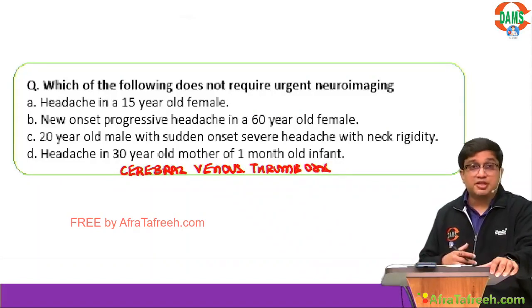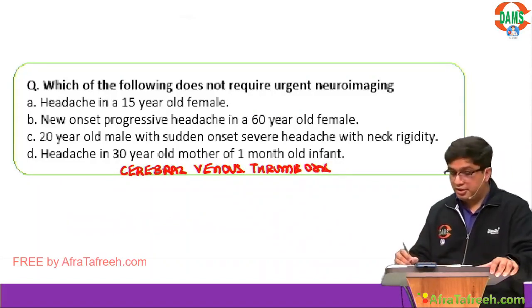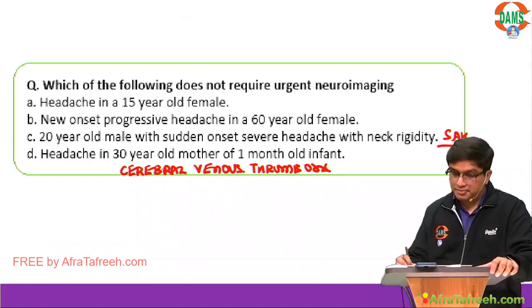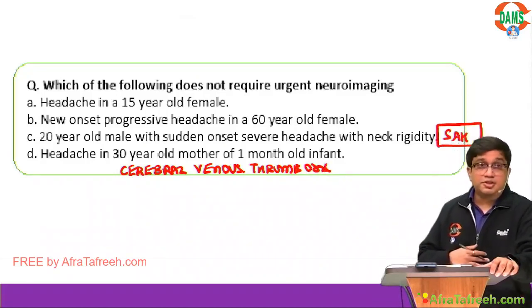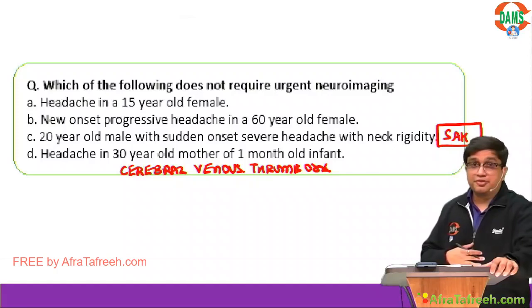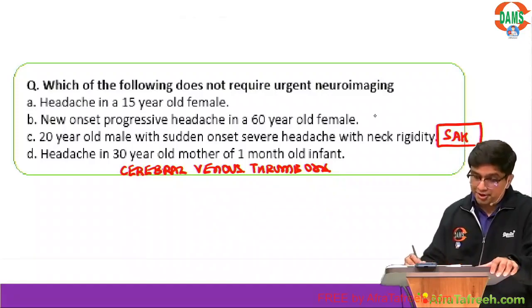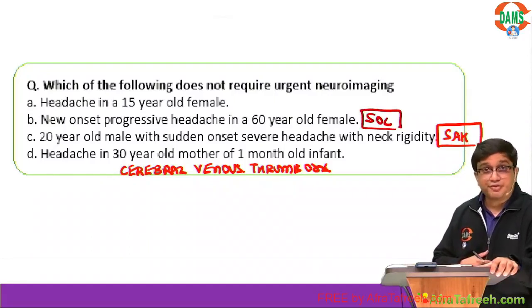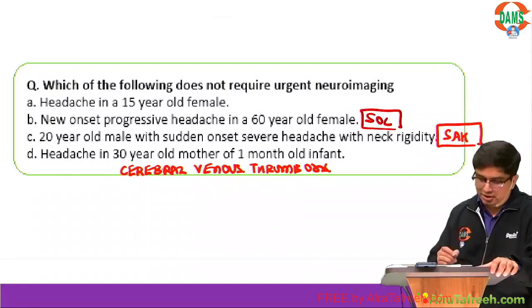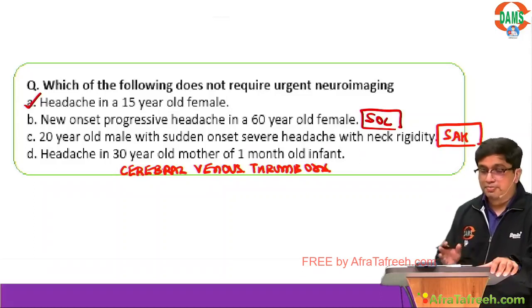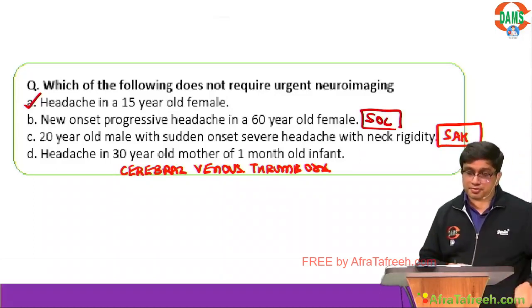A 20-year-old male with a sudden onset severe headache with neck rigidity, think about subarachnoid hemorrhage. New onset progressive headache in a 60-year-old elderly female, think about a space occupying lesion or a brain tumor. Headache in a 15-year-old young female, don't think too much. It can be a simple refractive error or convergence problem. Okay.